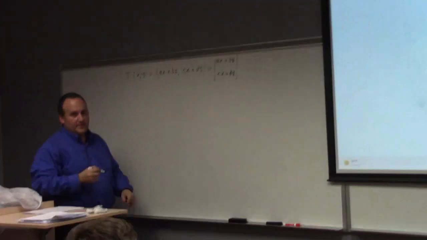Here we go. So if I have T of (x, y), and it's equal to (ax plus by, cx plus dy). First of all, my notation means that that is a column vector, ax plus by over cx plus dy, right?